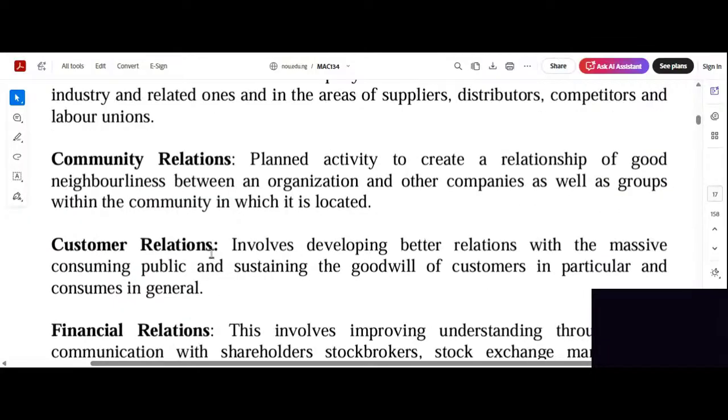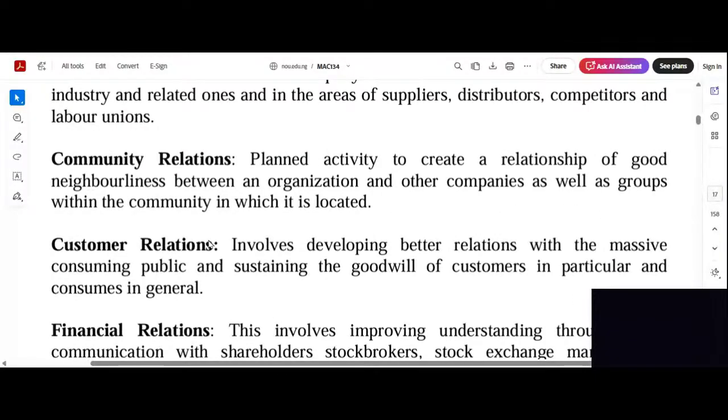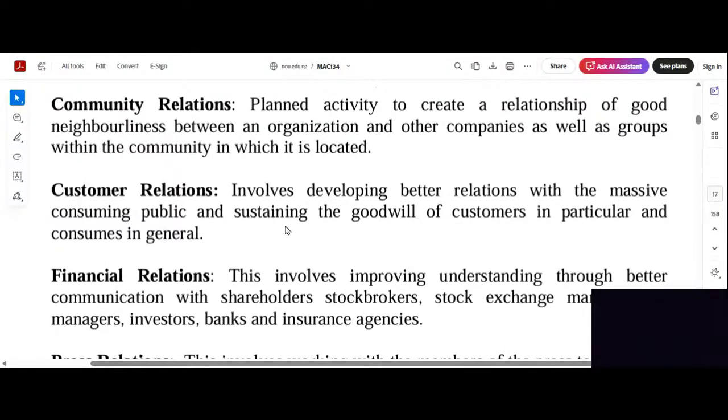Now we have customer relations. All we are talking about is trying to see the facets in which public relations can be useful, the areas of specialization. We started with the employees relations, we have the industrial relations, we have the community relations, and now we are going to customer relations. Customer relations involves developing better relationships with the massive consuming public.